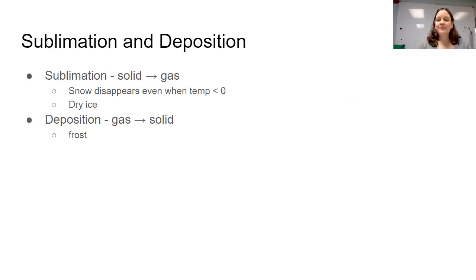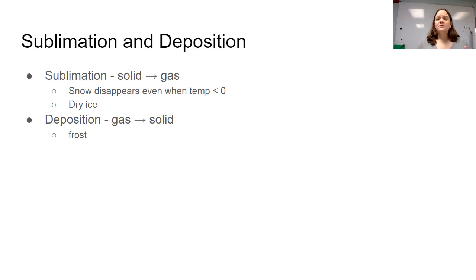Sublimation and deposition would happen as opposite processes, right? So sublimation is going from solid phase to gas phase without going through the liquid phase. So this is how snow can disappear. We don't get a lot of snow here, so we don't have a whole lot of experience with this one.